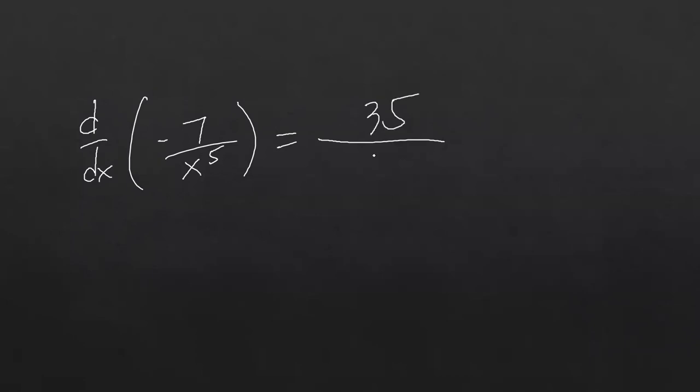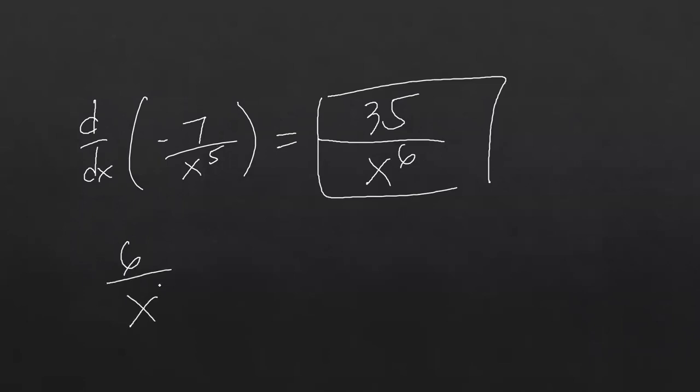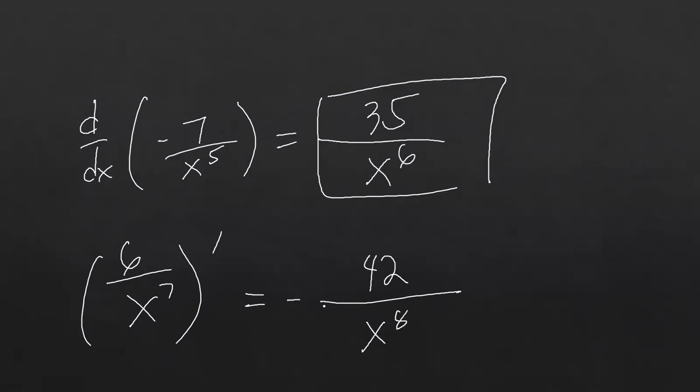And next, you add 1 to the exponent of the denominator, so it will be x to the power of 6. One more, let us have the derivative of 6 over x to the power of 7. What you're going to do here is take the opposite sign, so it becomes negative. You multiply the exponent in the denominator and the numerator, so that is 42. And you add 1 to the exponent of the denominator, so it becomes 8. That's it. That's the derivative of a reciprocal.